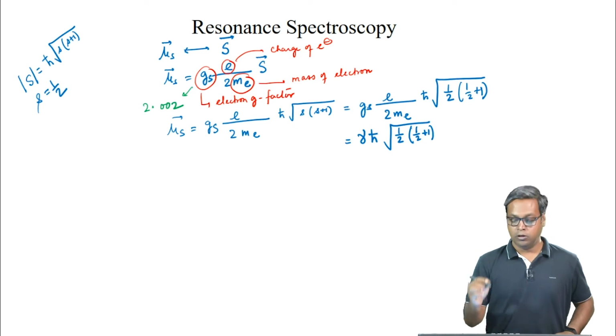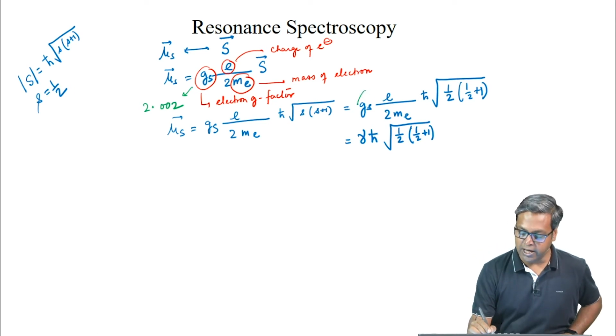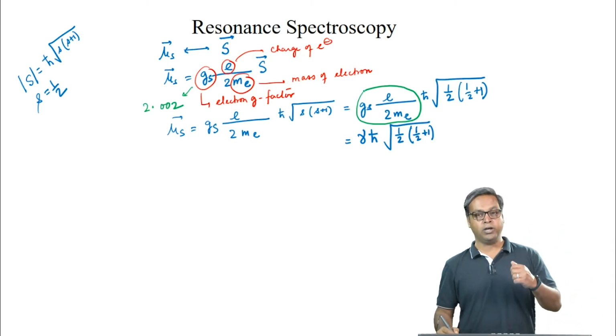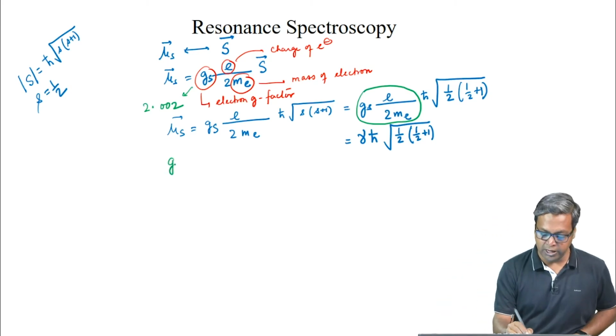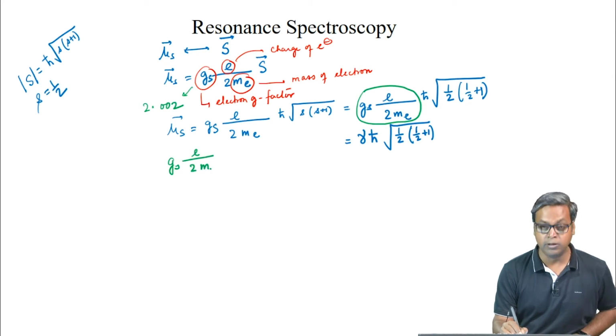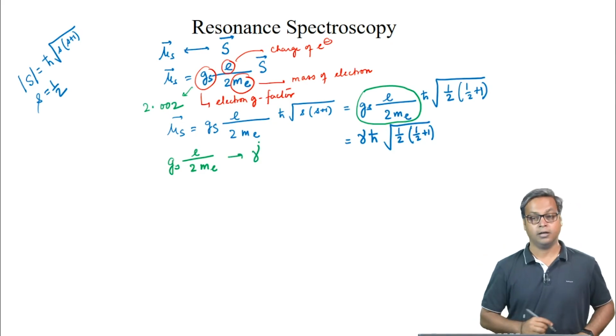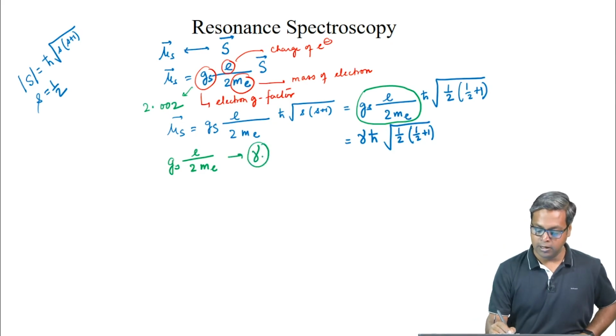So, we wrote g s times e divided by 2 m e as gamma, and gamma is known as the gyromagnetic ratio.